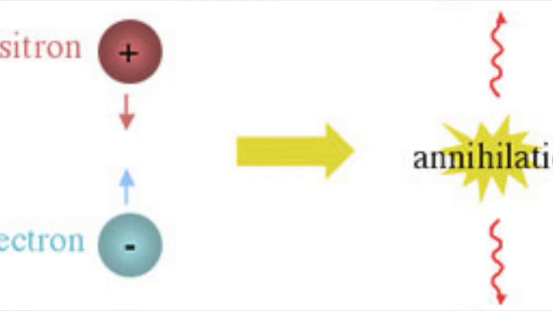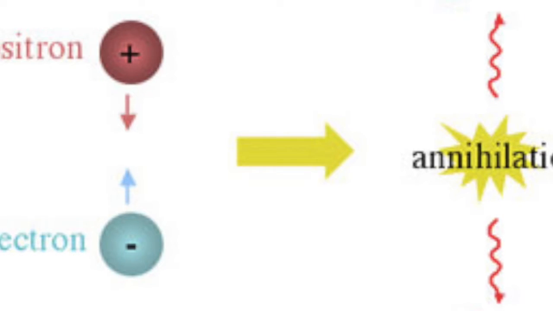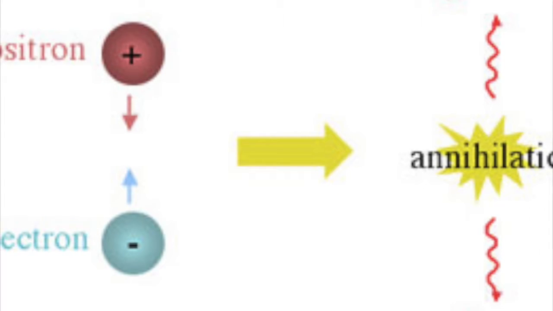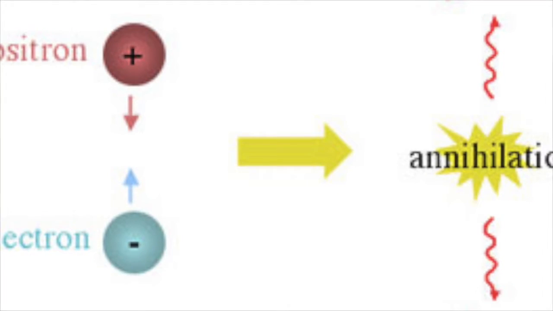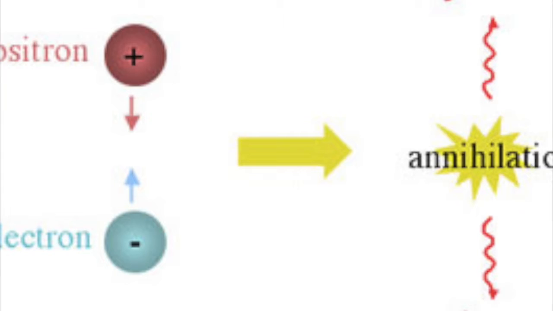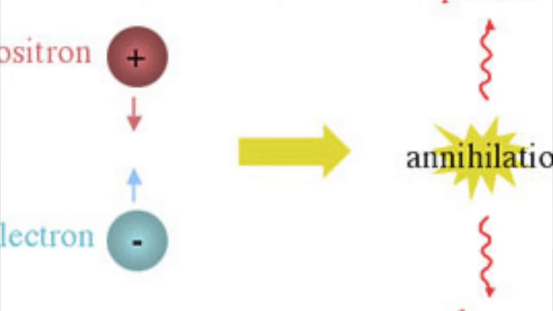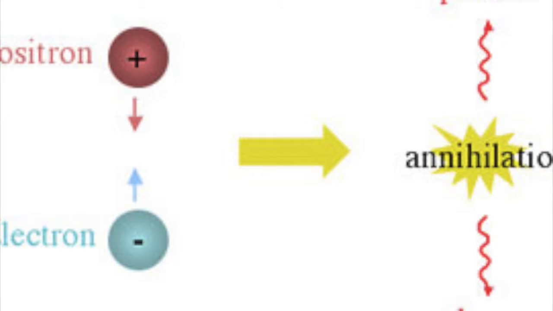So you might think that antimatter is something made up, something that belongs in the world of science fiction. But antimatter actually exists. So the idea behind antimatter is that for every normal particle, for example an electron, there exists an antiparticle, an anti-electron. An anti-electron is also called a positron.